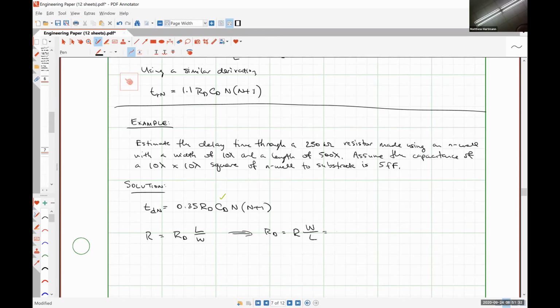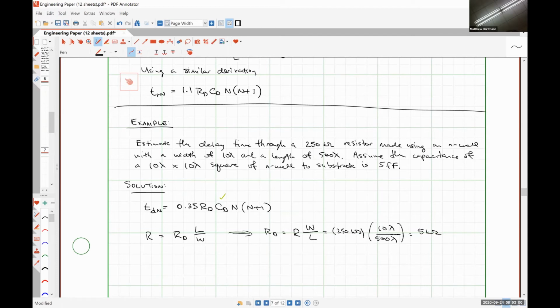So we're going to have 250 kiloohms times the width, which is 10 lambda, divided by the length, which is 500 lambda. So it's 250 divided by 50 is 5 kiloohms. All right, seems legit.